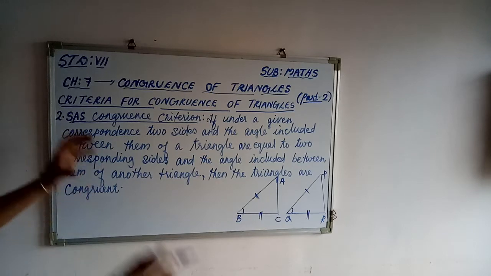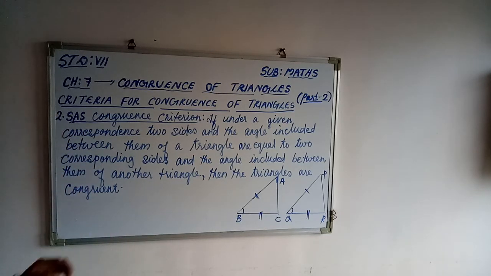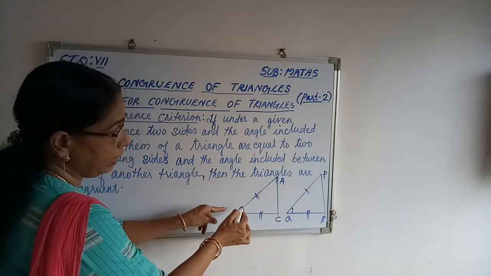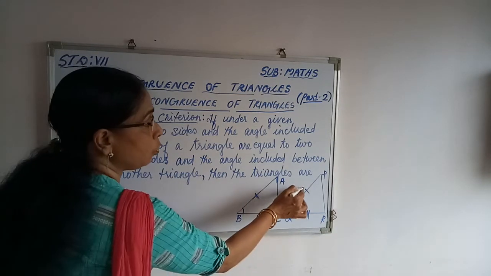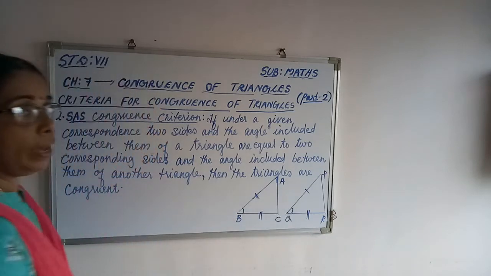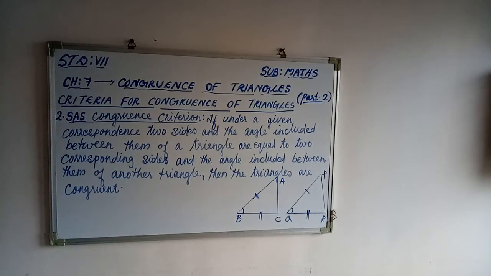That means if two sides and the included angle of one triangle are equal to the two sides and the included angle of another triangle, both the triangles are congruent by SAS Congruence Criterion.